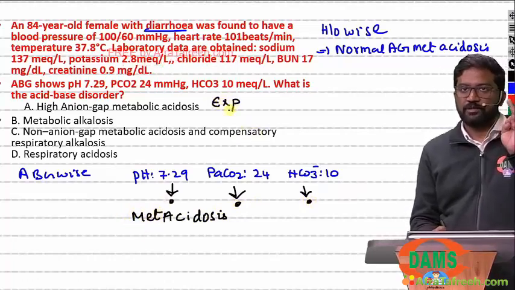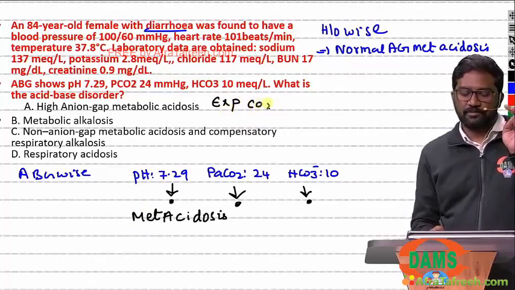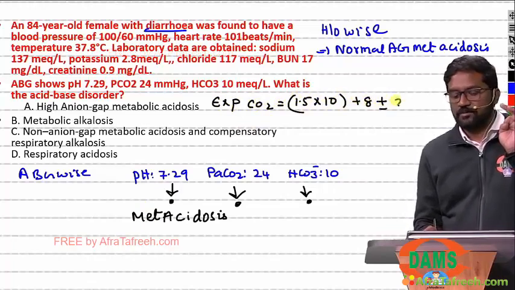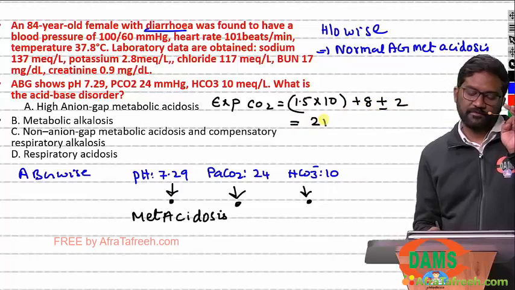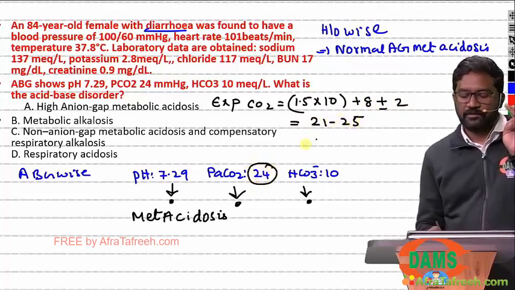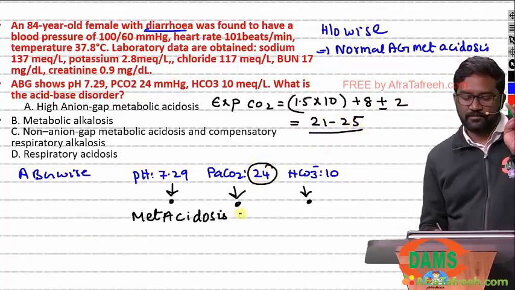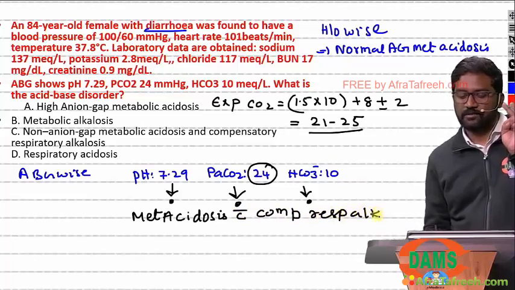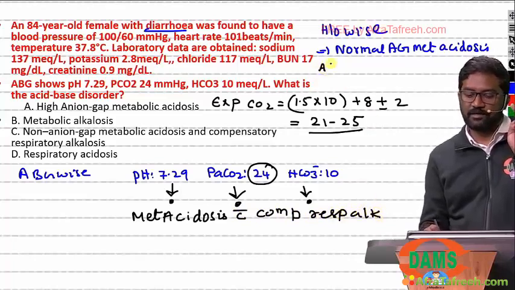This is metabolic acidosis, so respiratory compensation. If I apply this formula, 1.5 times bicarbonate plus 8, plus or minus 2, expected CO2 will be 21 to 25. How much is given? 24. Expected, correlating. So it is metabolic acidosis with compensatory respiratory alkalosis. What is step 4? Calculation of anion gap.